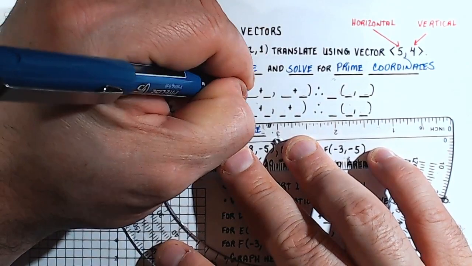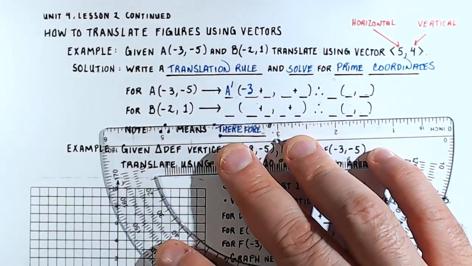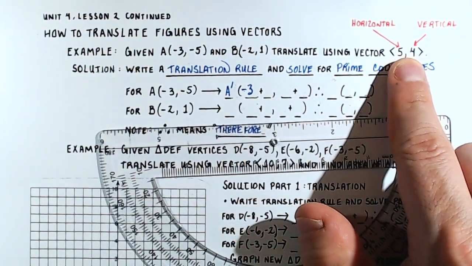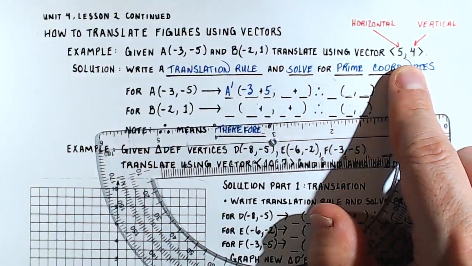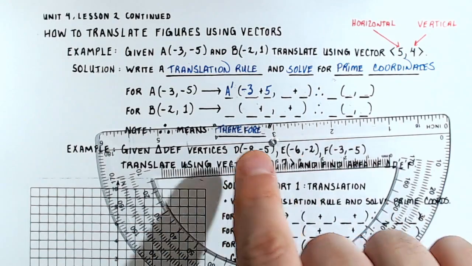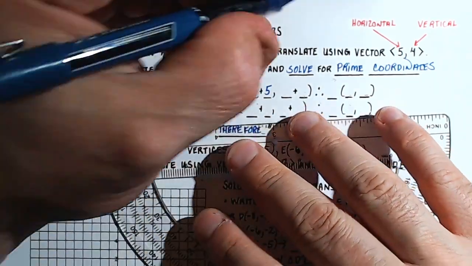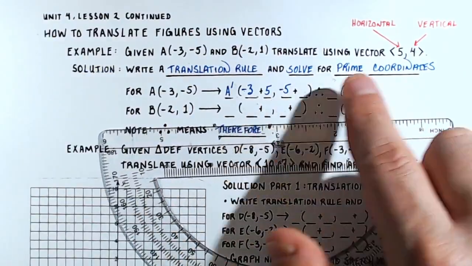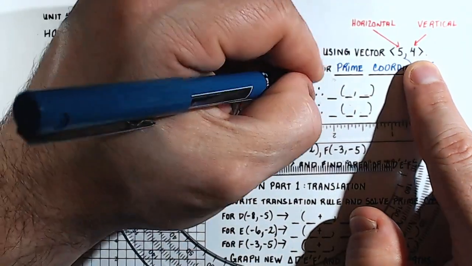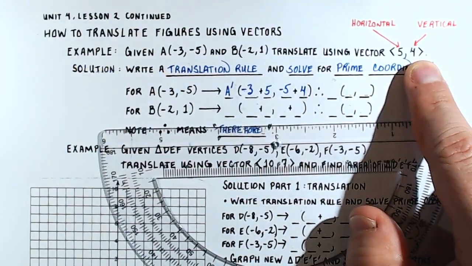We start with -3, and we add the horizontal component of the vector, so -3 plus 5. And then we need -5, the y component of the pre-image, plus the y component of the vector, so -5 plus 4.